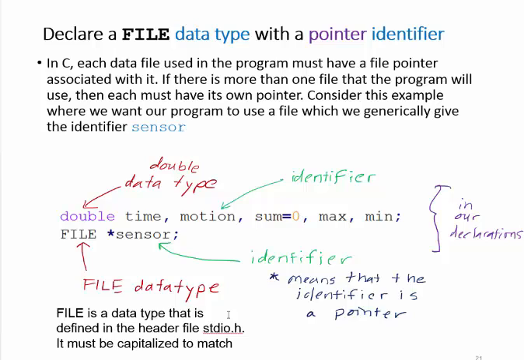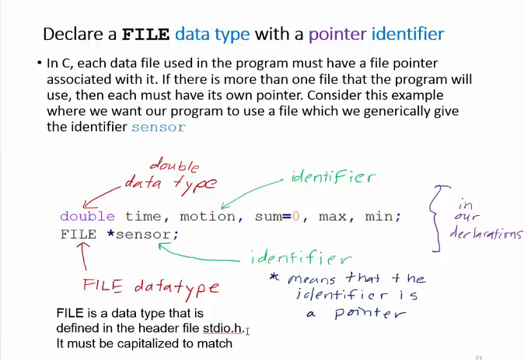That's also defined in the header file standard I/O that you put in your include statements at the beginning of the program. Okay, so you're used to making declarations of things that you're going to use in your program.